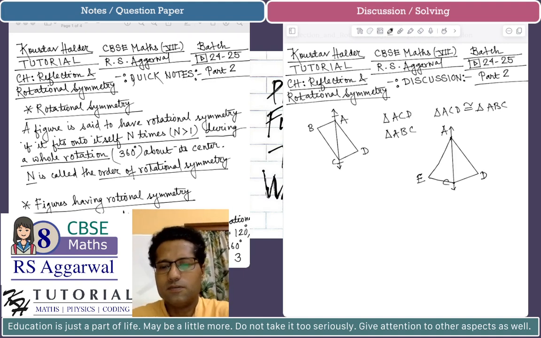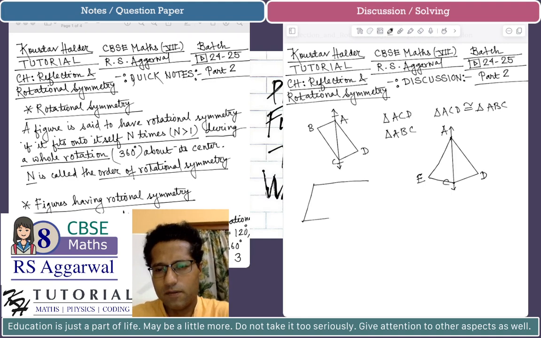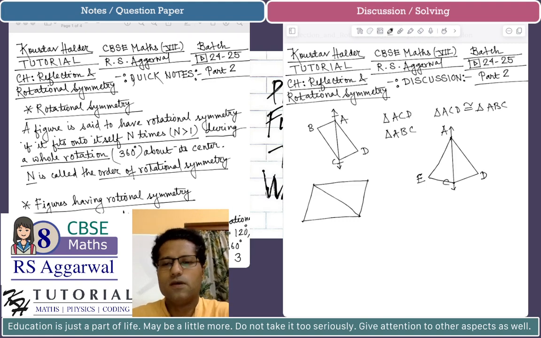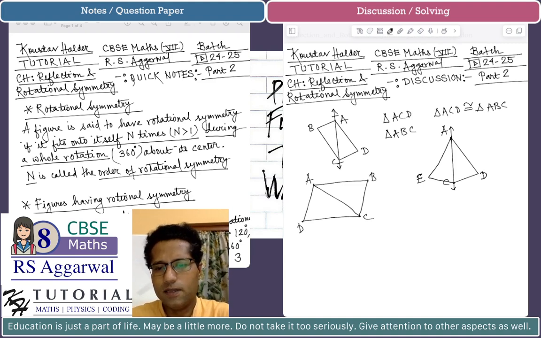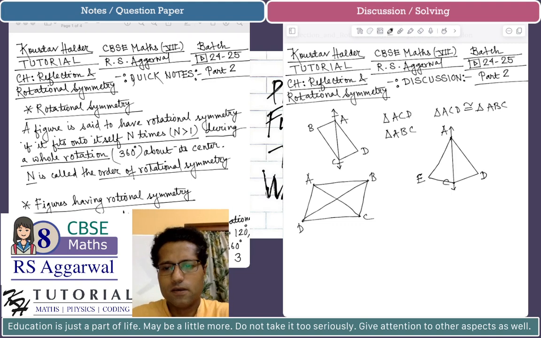Similarly, I was saying the other day that the two diagonals of any parallelogram are also a line of symmetry. That is false. If you consider the parallelogram ABCD, the two diagonals AC and BD are not lines of symmetry. Just consider the diagonal AC.